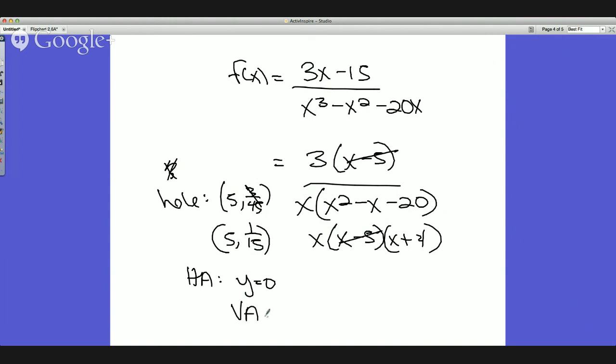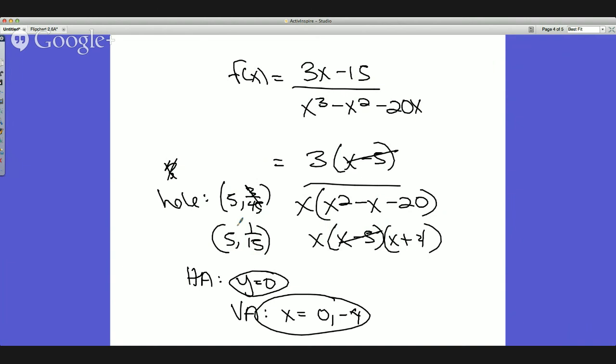Good deal. So it's 1 over 15 up there, when I reduce 3 over 45. My vertical would be, again, x equals 0 and -4. Remember that when I'm talking about horizontal and vertical asymptotes, it's okay to put x equals, y equals. But be careful. If I ask for the x-intercepts, give me the point. If I ask for the hole, again, I want a point, an x and y point there. All right?